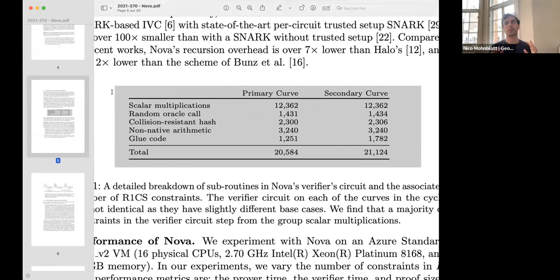Because there is non-native field arithmetic, they're using two curves, but it's essentially pretty much the same circuit on both sides of the curve. And with every cycle, you have to run whatever you're running on both sides of the curve. But what I'm pointing out here is this first line, scalar multiplications being 12,000 constraints.